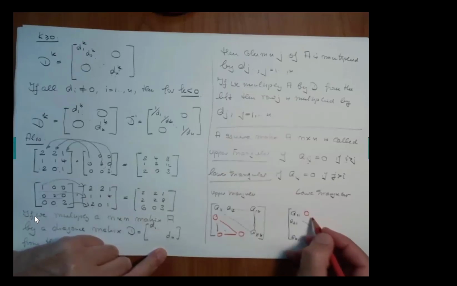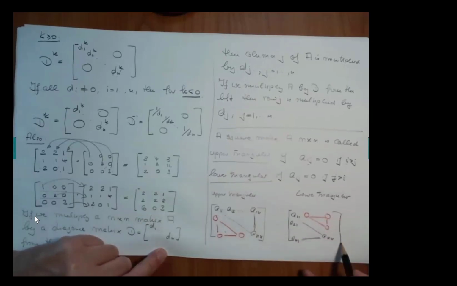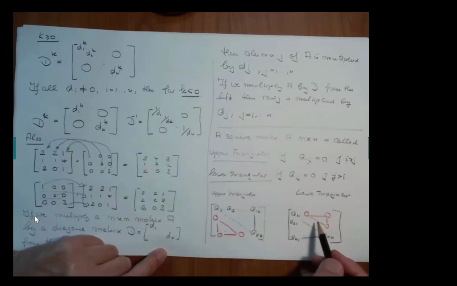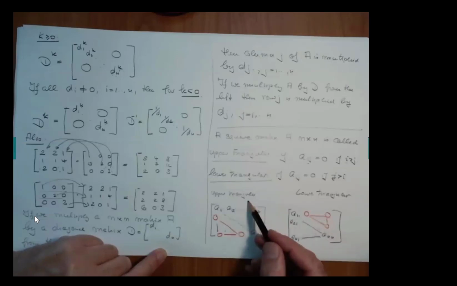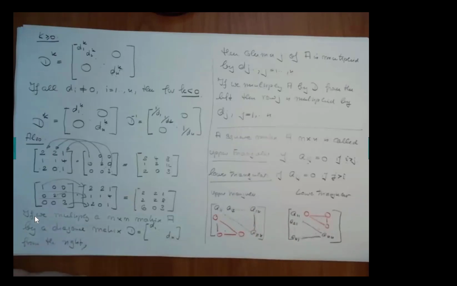But to the right of the diagonal, everything has to be 0. So lower triangular means only on the diagonal and below can be arbitrary numbers. To the right, everything has to be 0. Upper triangular means only on the diagonal and on top can be arbitrary numbers. Everything below the diagonal has to be 0.